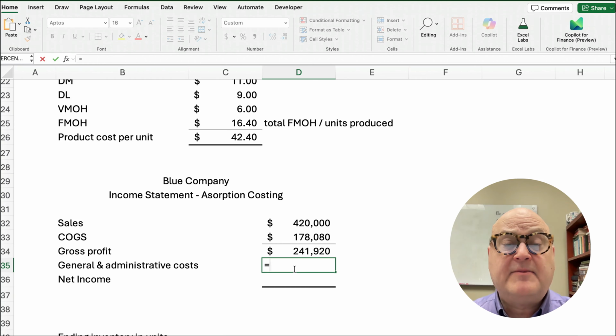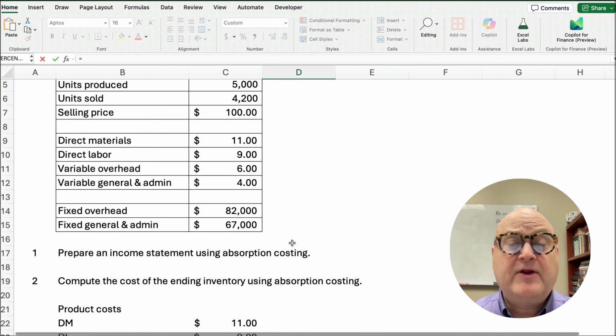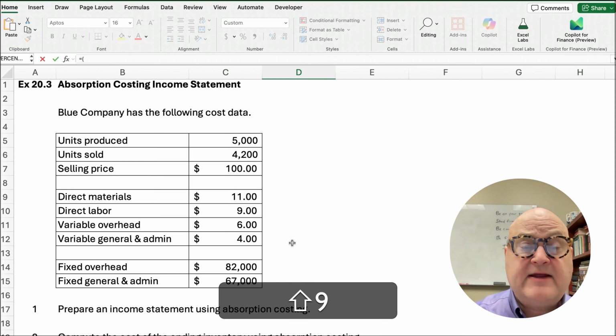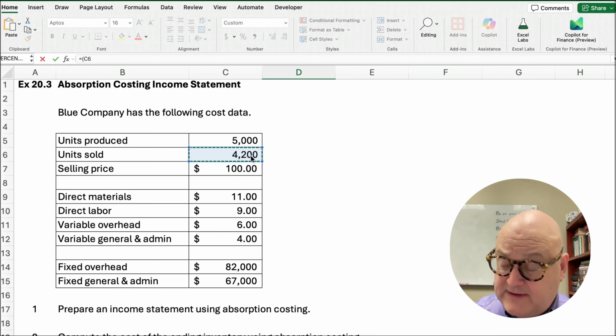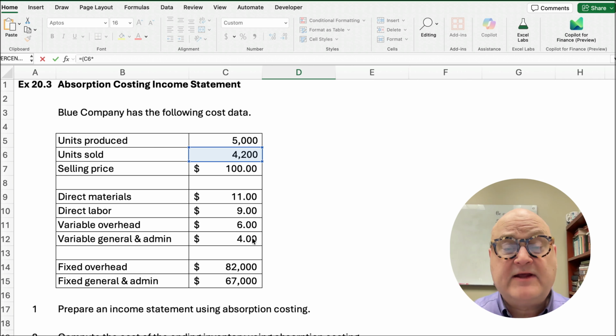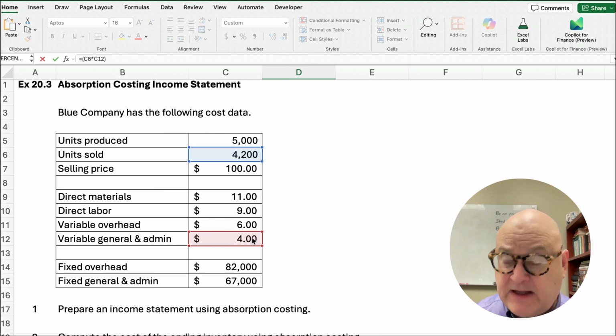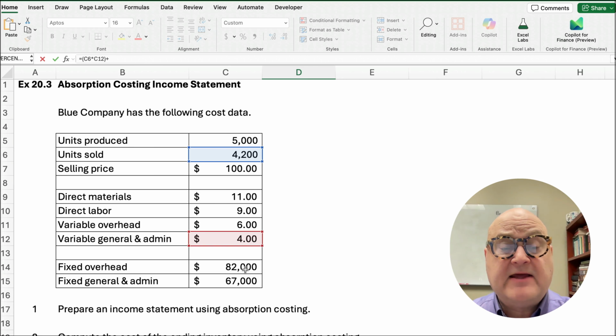Now, what is our G&A cost, our operating cost? It's going to be made up of a fixed component and a variable component. The variable component is 4,200 units times $4 each. And there's a fixed component of G&A, which is $67,000.